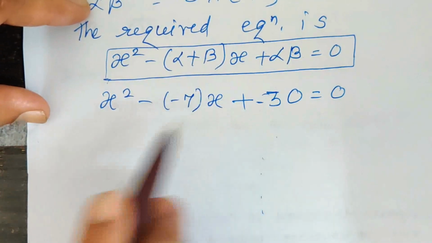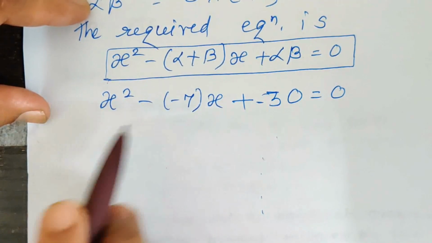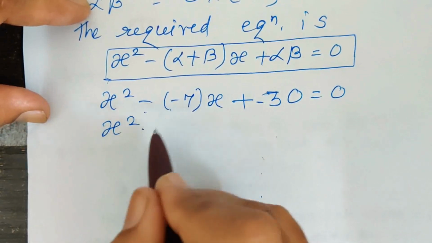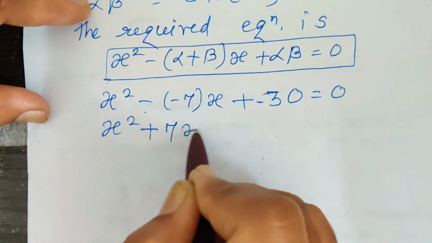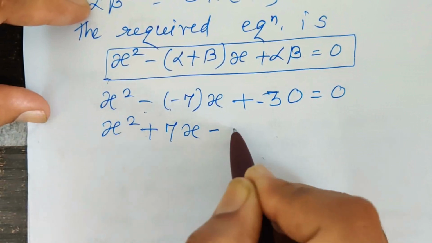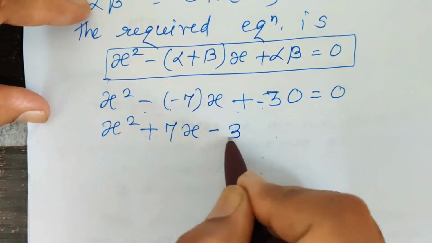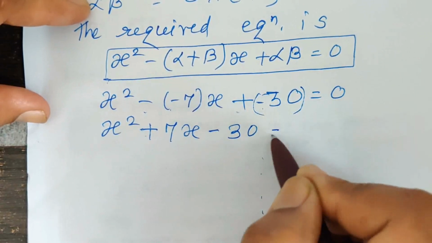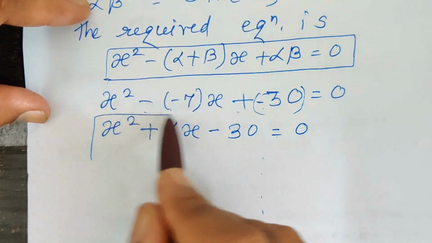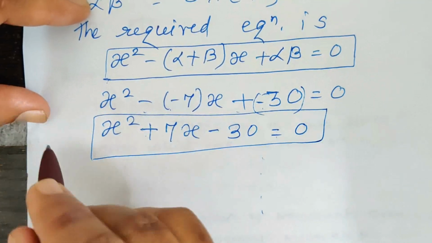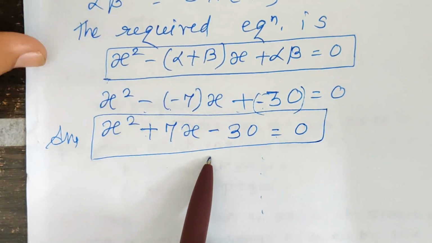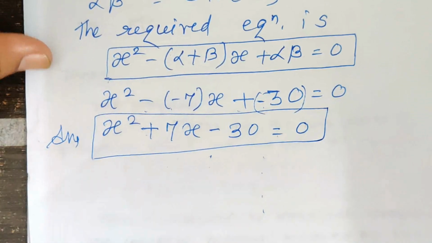We will just think about the signs and calculate. So you will get x square plus 7x minus 30 equal to 0, and this is the required quadratic equation. This is the final answer. They asked you to form the quadratic equation, so this way we get it.